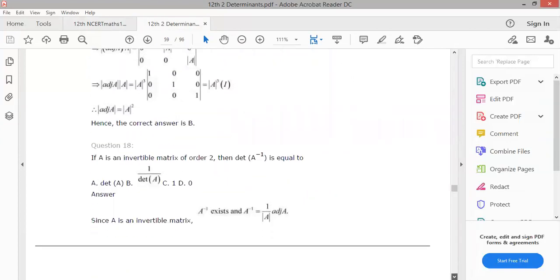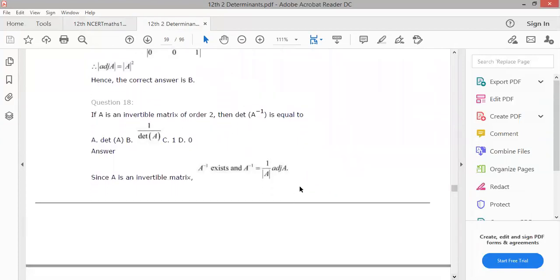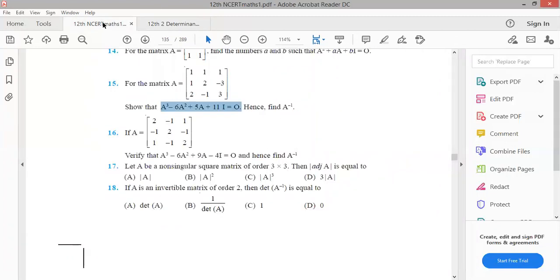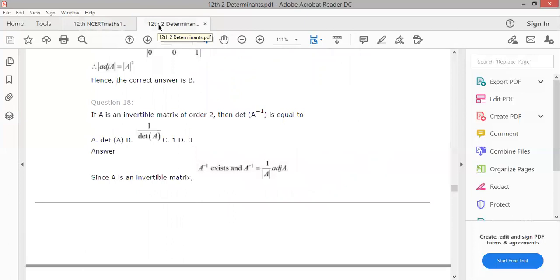See, it is the determinant of A inverse. You know the definition of A inverse. A inverse is equal to 1 by determinant of A into adjoint of A. We have to find the determinant of A inverse. Determinant of A inverse is equal to the determinant of the right hand side.